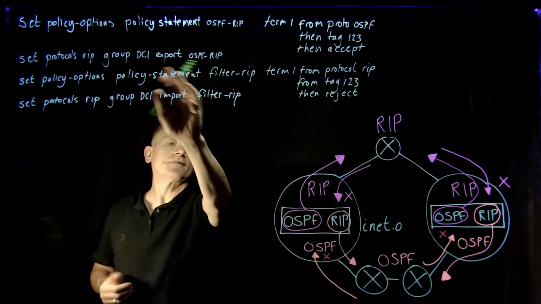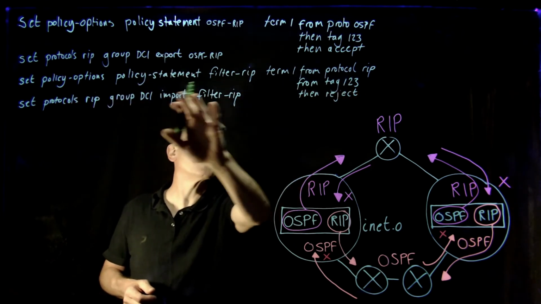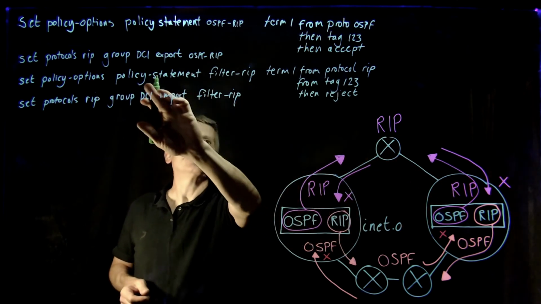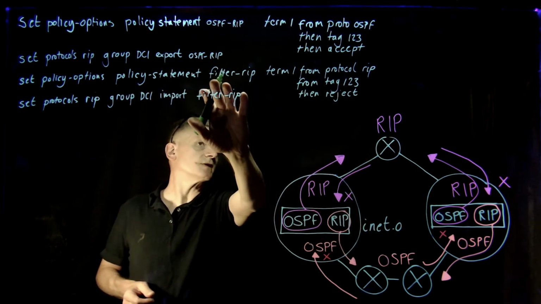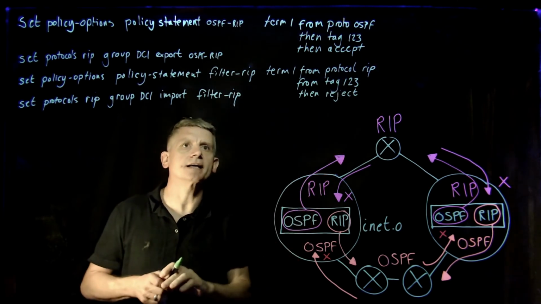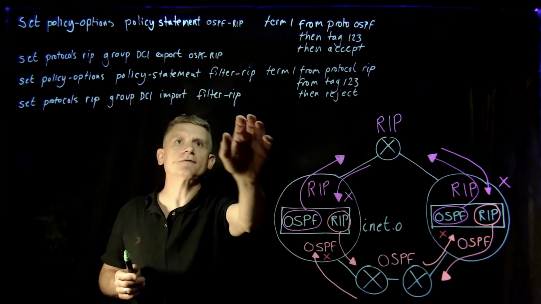And in RIP, very similar to BGP, we need groups. On the other end, on ASBR2, we are building a policy statement which will filter the RIP, and we're going to be looking for that tag, and we're going to be rejecting it. So of course, RIP is going to be rejecting itself because this becomes an import filter on RIP.